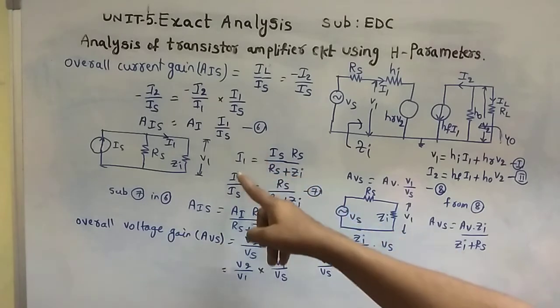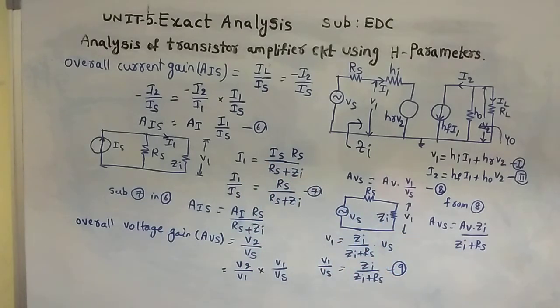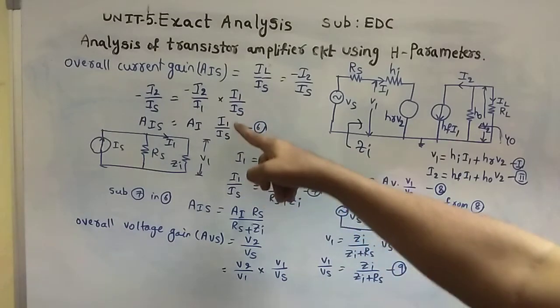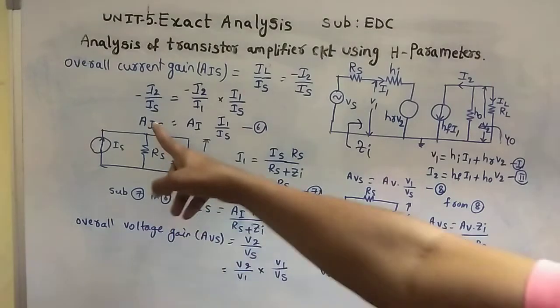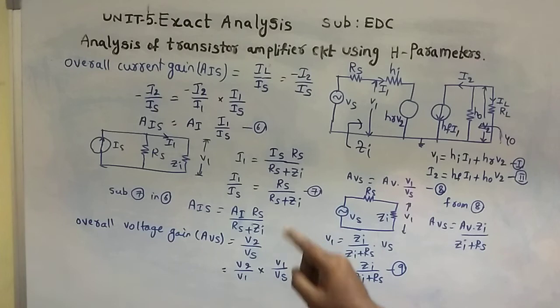From this I1 by Is is equal to Rs by (Rs plus Zi). This one you can substitute in the sixth equation in place of I1 by Is. Then AIS is equal to AI into Rs by (Rs plus Zi). This is the overall current gain in the transistor amplifier circuit.